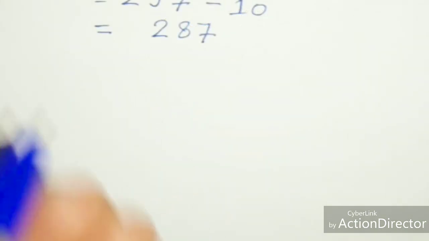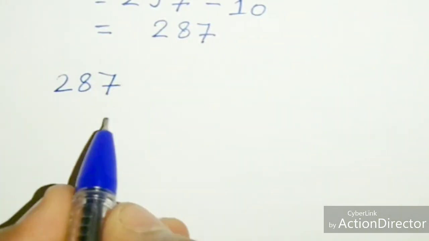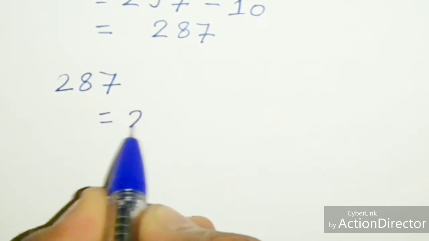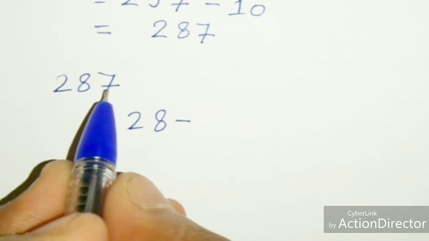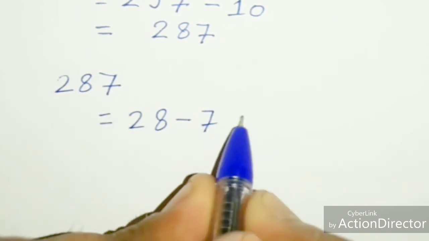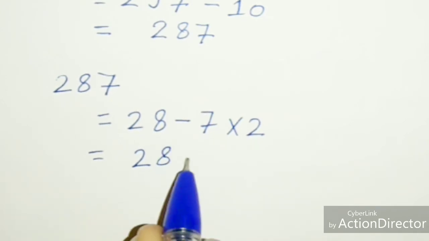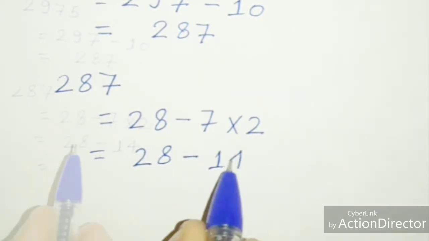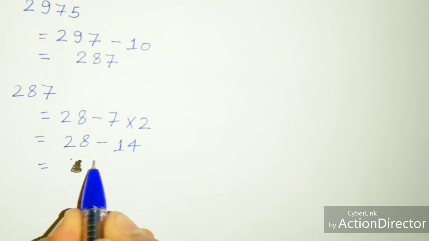Here we repeat this rule again with 287. The last digit is 7 here, so 28, and we multiply this 7 by 2: 28 minus 14 gives the difference 14.